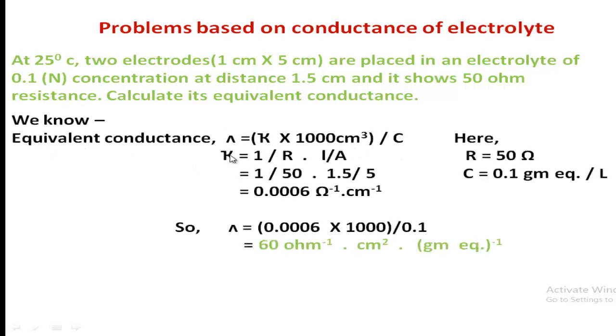We know that equivalent conductance lambda equals kappa into 1000 centimeter cube divided by C, where kappa equals 1 by R into L by A. Here the value of R is given, 50 ohm, and concentration C is 0.1 gram equivalent per liter. So putting the values, we can easily determine the value of kappa, that is the specific conductance. Then directly multiplying with the volume, we can easily determine the value of equivalent conductance.